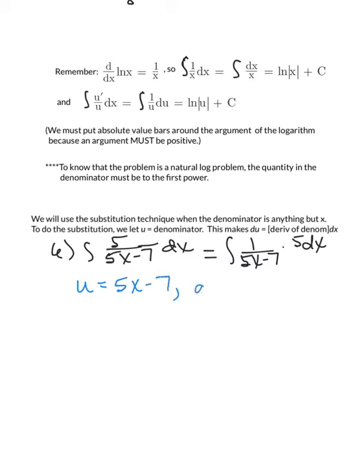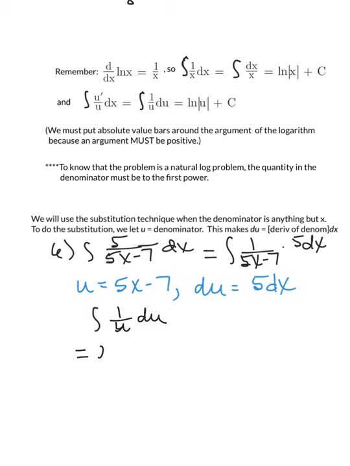This would make du be 5 dx. So if we substitute into our original problem, we will have the integral of 1 over u, and the 5 dx gets replaced with du. Now that I have the integral of 1 over u, I know that's a natural log for the answer.